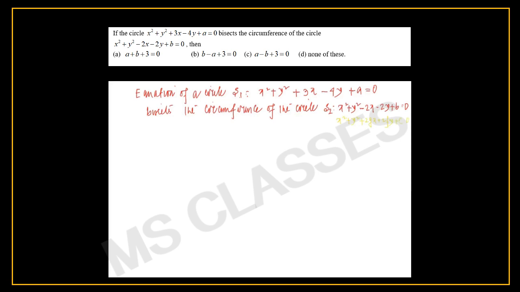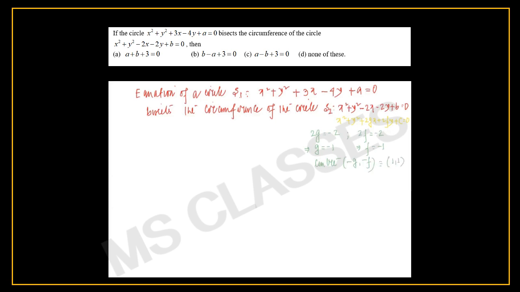Now from this, 2g equal to minus 2, so g equal to minus 1, and 2f equal to minus 2, f equal to minus 1. So what is the center? Center is minus g comma minus f, that is 1 comma 1. So this is the center of the circle S2.